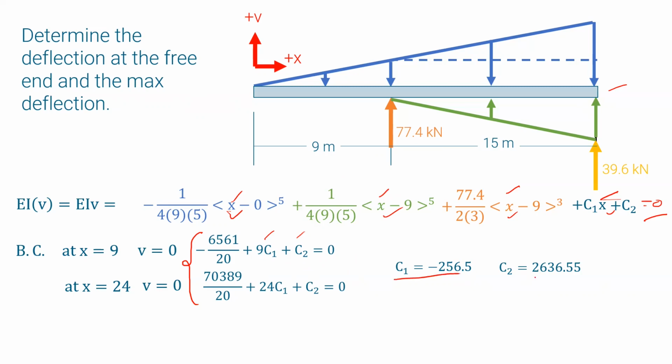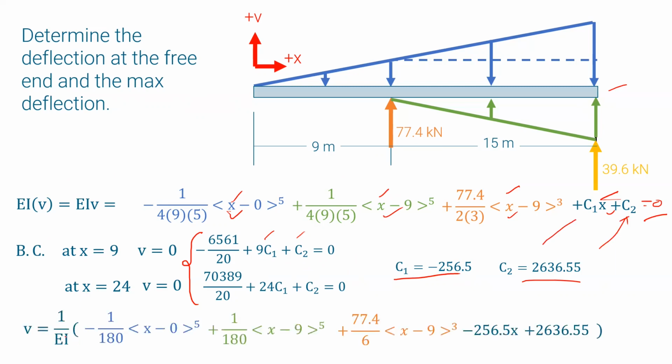Okay, tapos ipa-plug in na natin to pabalik and then we solve for v. So yung form natin is v is equal to 1 over EI. Okay, yung EI nilipat ko na sa kabila, ha? Kasi v yung hinahanap nating equation. v equals 1 over EI times this big polynomial here.